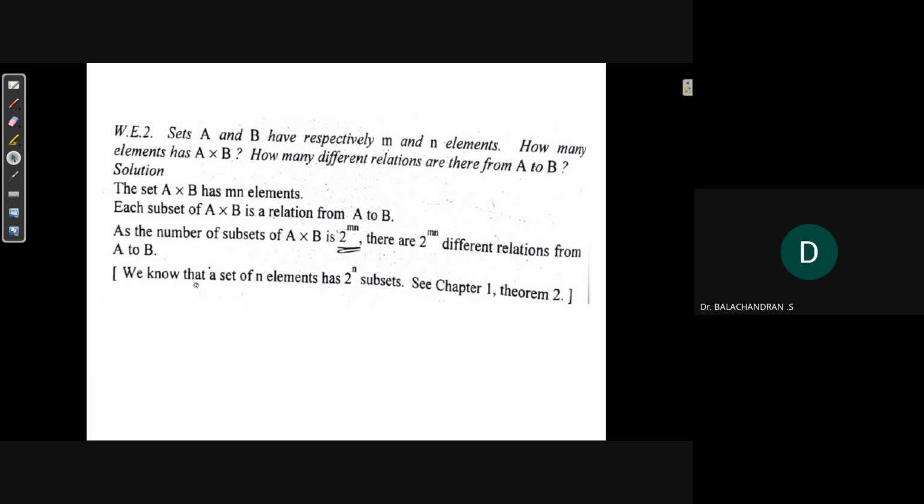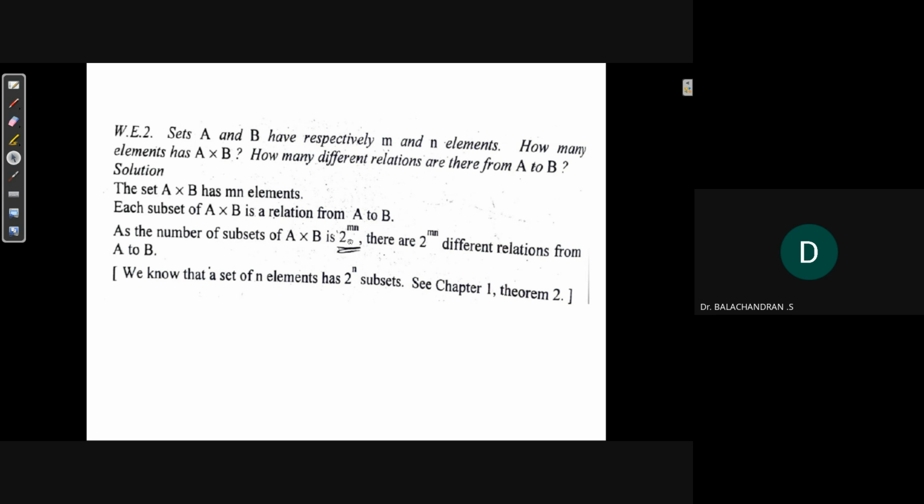For this, you should know this idea: a set that contains n elements has 2 power n subsets, and every subset of A cross B is a relation. So totally how many subsets do we have? 2 power the number of elements in the set. What is the number of elements in the set A cross B? mn.